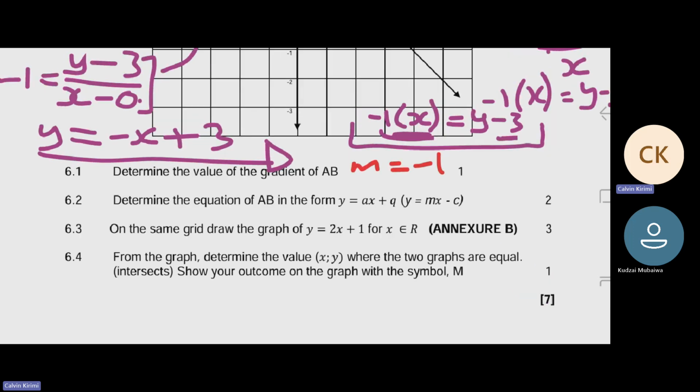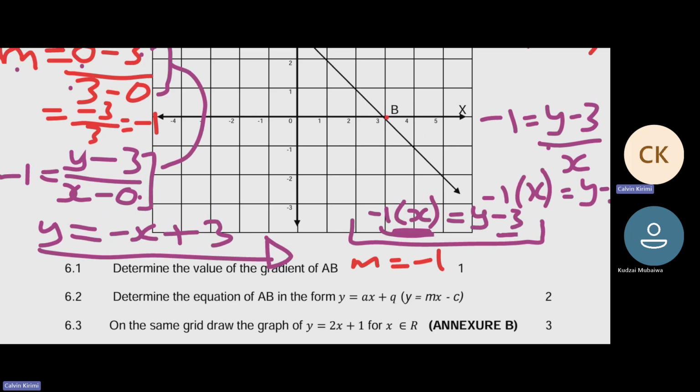Nothing has changed. We want to be left with y alone, standing alone. So you move the other thing to the other side of the equation because you only want y to stand alone. -1 times x is -x. -3 crosses the equal sign, becomes +3. Then your y is equal to -x plus 3. Is there anything difficult there?